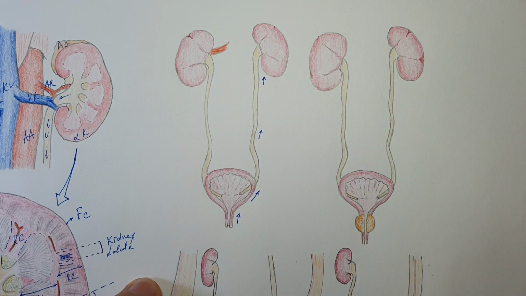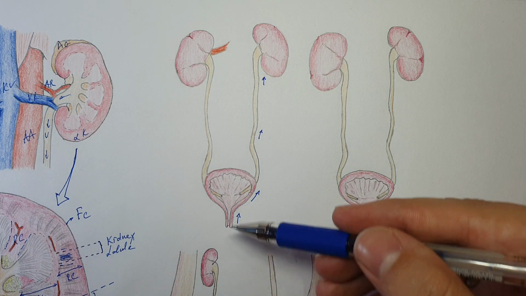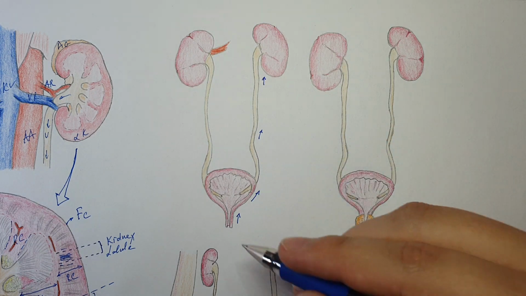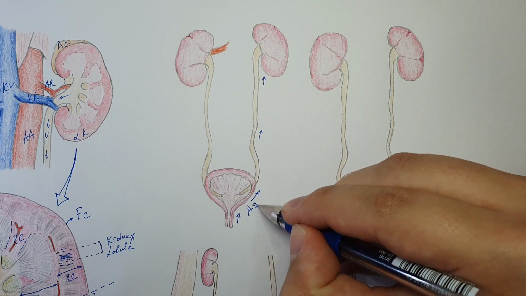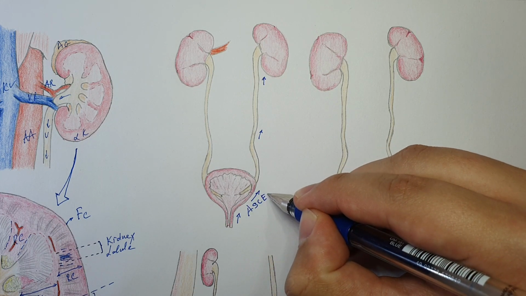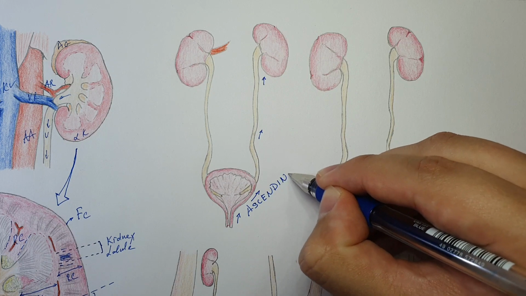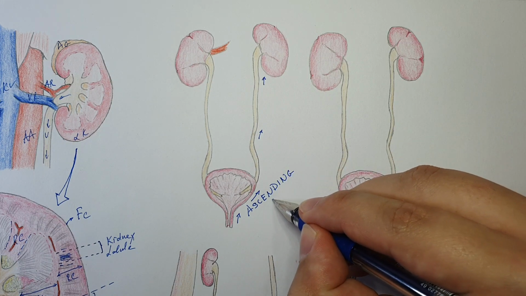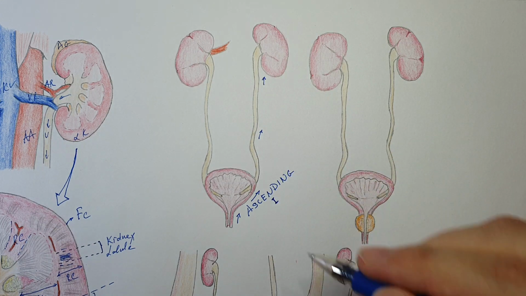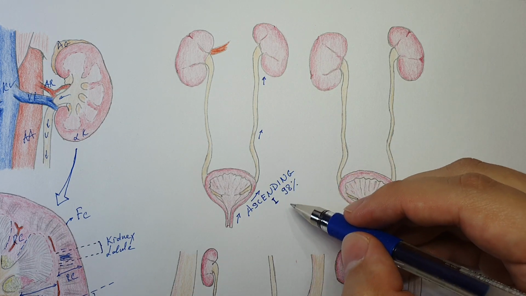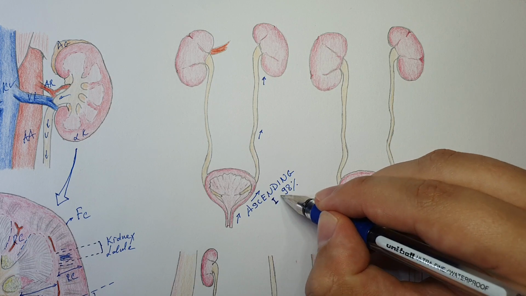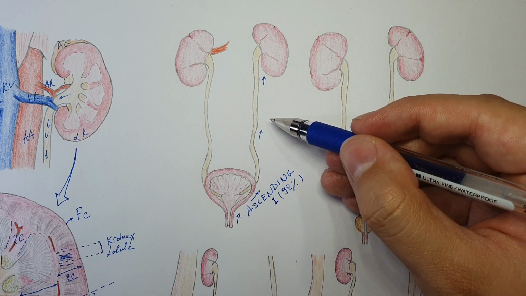So this pathway of infection, the ascending pathway, is definitely the primary way, and probably 98% of infections go this way.